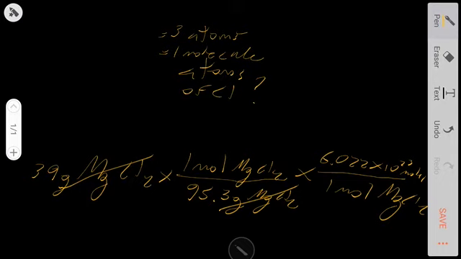Cool. That should give you, let's see here, 39 times 6.022 times 1 divided by 95.3.